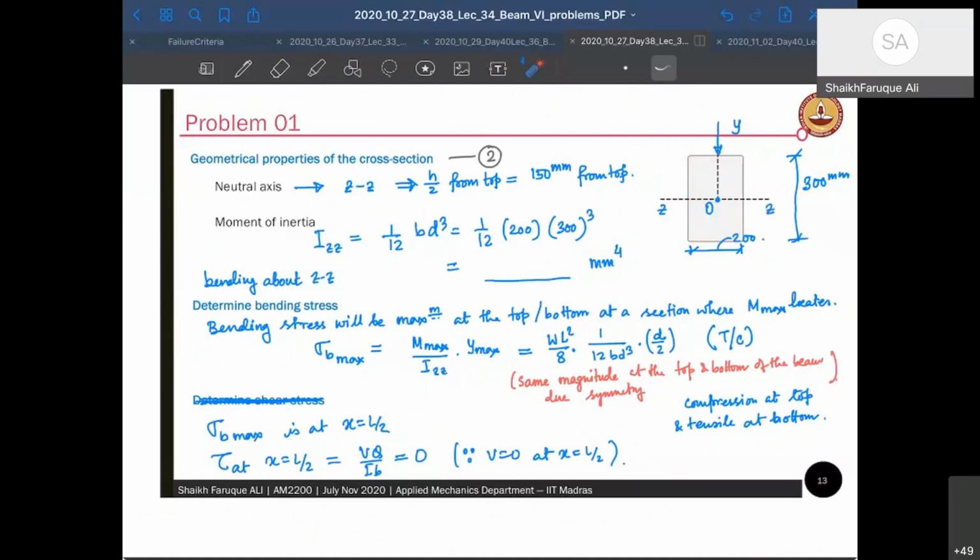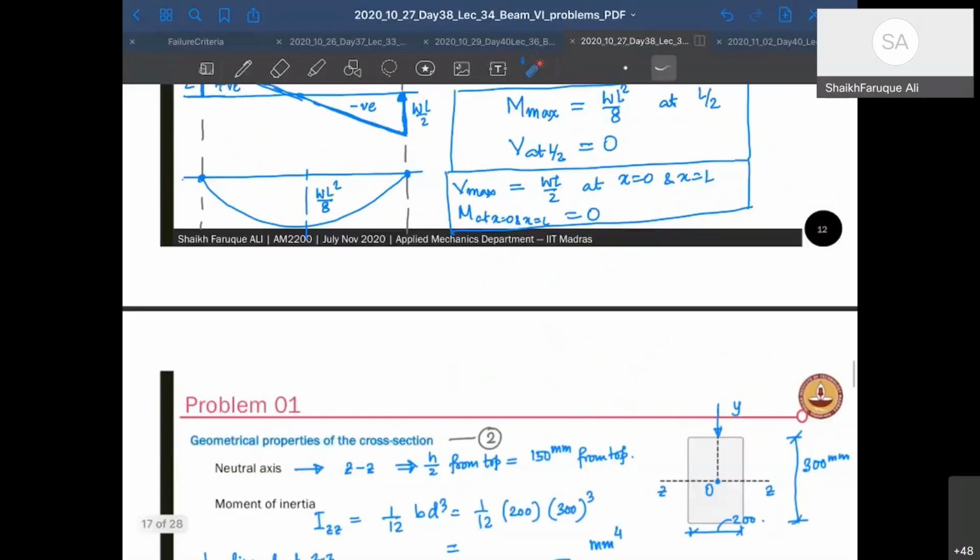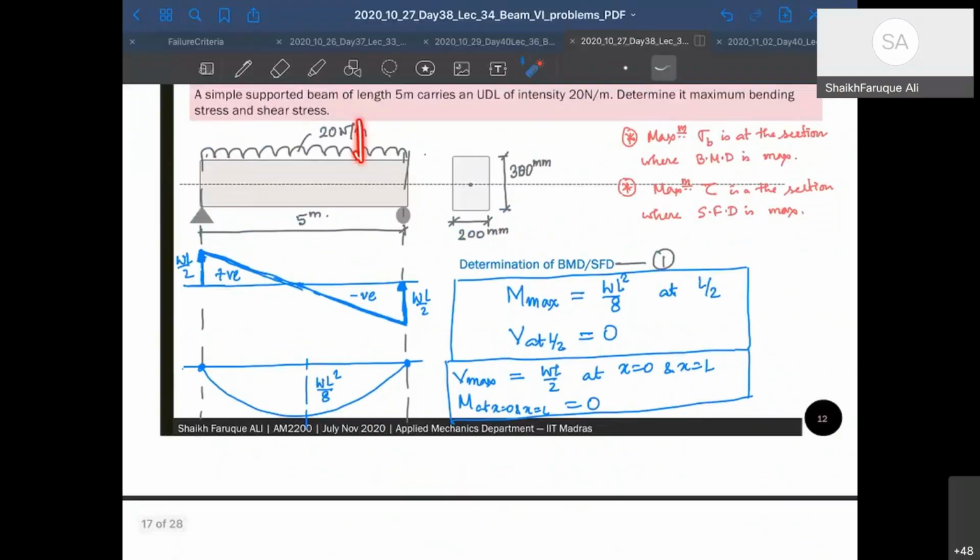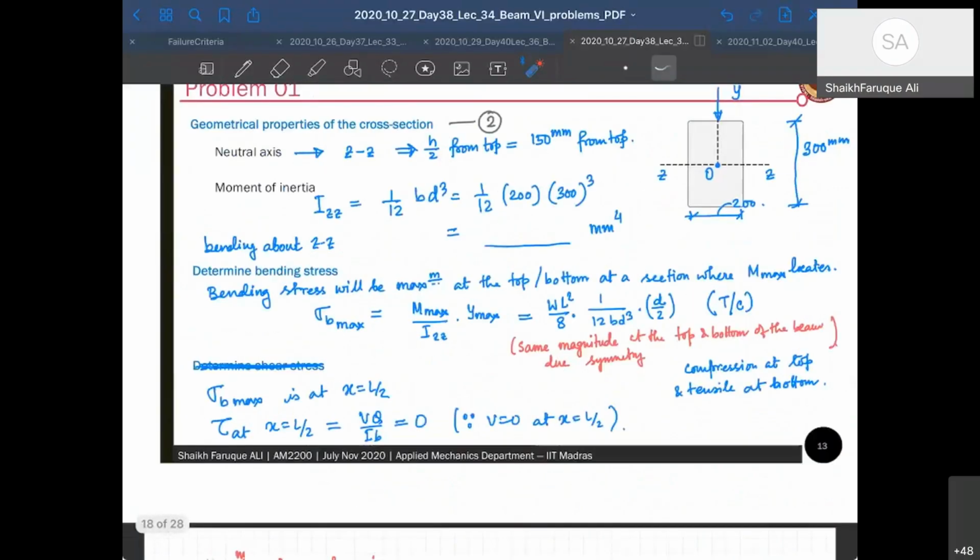And its I is 1/12 BD cubed. B is 200 and D is 300, so you can find 1/12 BD cubed and write the values here. Since the loading is acting here and it's symmetric, it's going to bend about the Z axis, so I have to find only IZZ. Okay, so I found IZZ.